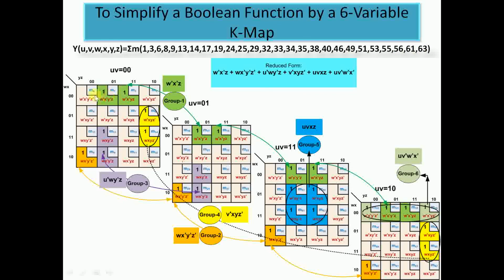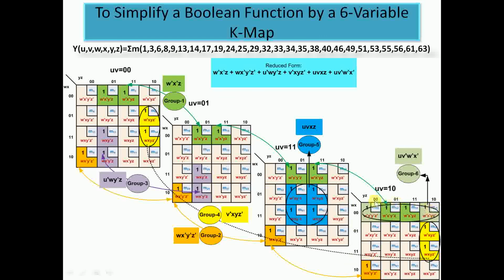So we have plotted these minterms as per the depiction in all the 4 maps, as you can see. Here we have M1, M3, M6, M8, M9, M13 and M14. In the second map, that is UV equal to 0 1, we have minterms plotted in locations for M17, M19, then M24, M25, M29.